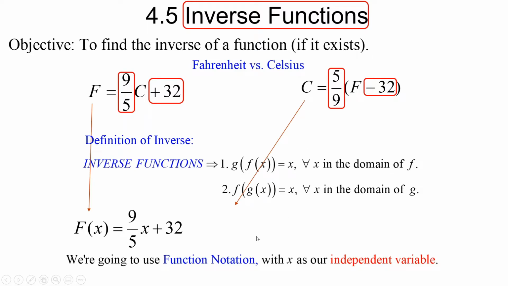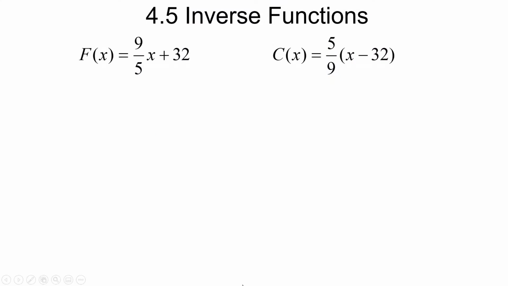So c of x equals 5/9 times the quantity x minus 32. Now, in this function notation, we can really do the inverse stuff. So f of x equals 9/5 x plus 32, and c of x equals 5/9 times the quantity x minus 32.